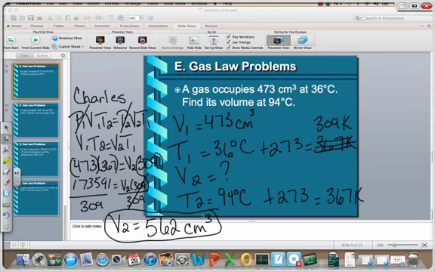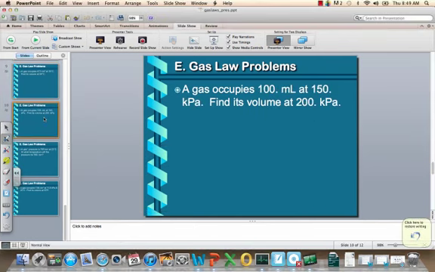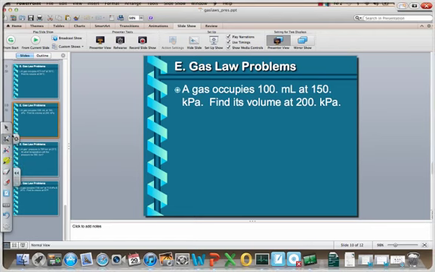All right, so let's do another problem. A gas occupies 100 milliliters at 150 kilopascals. Find its volume at 200 kilopascals. First thing we're going to do is write down what we know and what we want. A gas occupies 100 milliliters, so milliliters, that's volume.